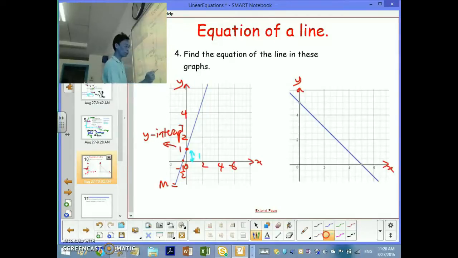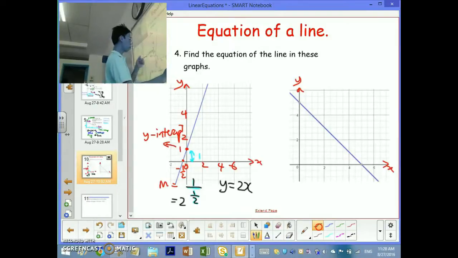So it's going to be 1 over half, and the answer is 2. The gradient here is 2, and going this way, it is a positive gradient. So the equation of this line is y equal to 2x plus the y-intercept, which is 1.